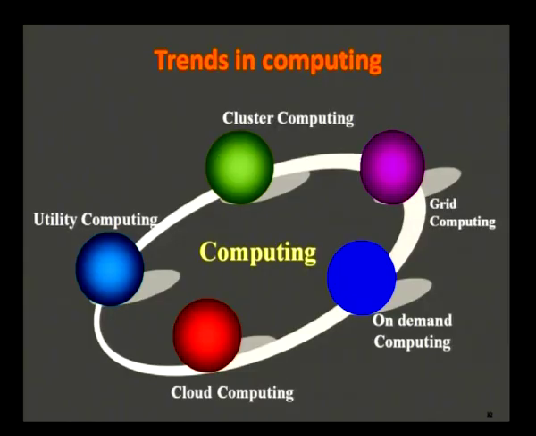Actually, when you see the trends in computing, first of all we started with cluster computing. When you think of cluster computing, you have a group of computers connected together, and you consider one as the master node and all other nodes as the cluster nodes, that is, worker nodes.